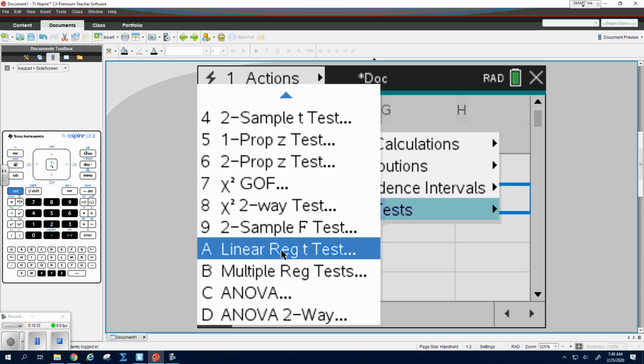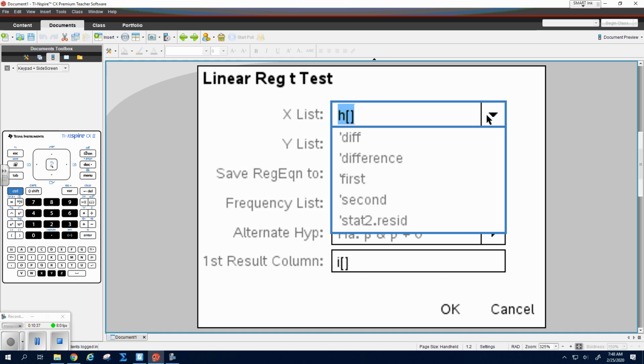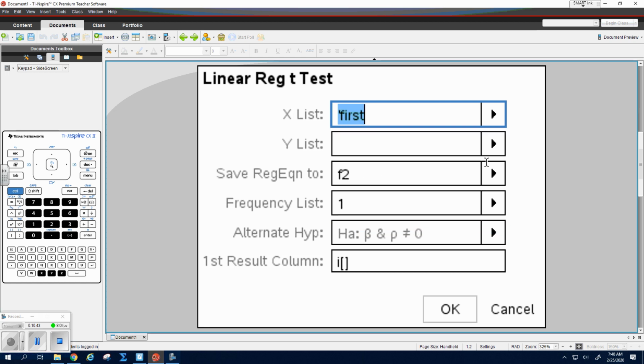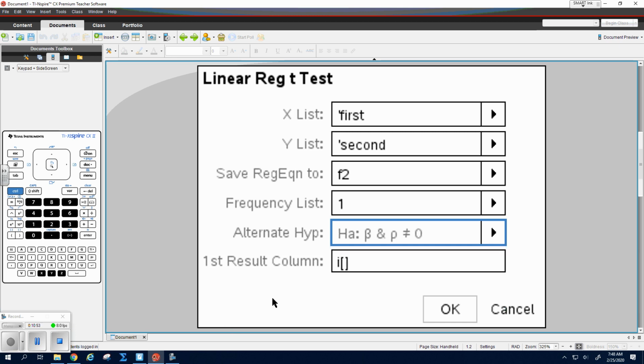Then we plug in our x and y list. My x list is going to be the first child, and my y list is going to be the second child. And we're just looking for not equal to. And press OK.